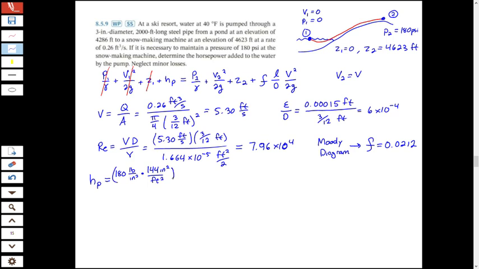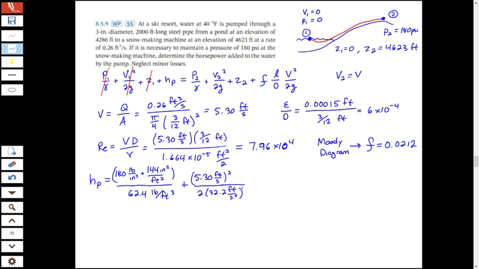So we have that as our pressure, and then divide by the specific weight, 62.4 pounds per cubic foot. So that's the pressure portion. And now the velocity portion that we're going to have, so that'll be 5.3 feet per second, that squared, divided by 2 times gravity, 32.2 feet per second squared.